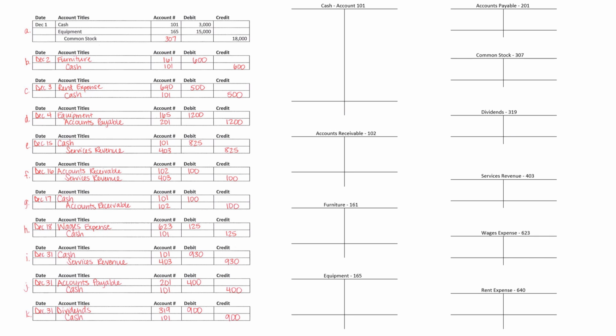So now that all our journal entries have been recorded, on each of the previous slides, I showed you how to post each individual journal entry to a T account. But now what we want to do is look at all the journal entries and how cumulatively they impact the T accounts, or the general ledger is what the T accounts represent.